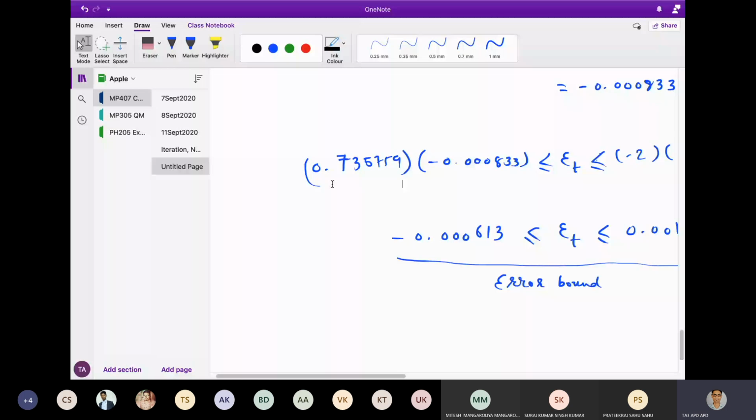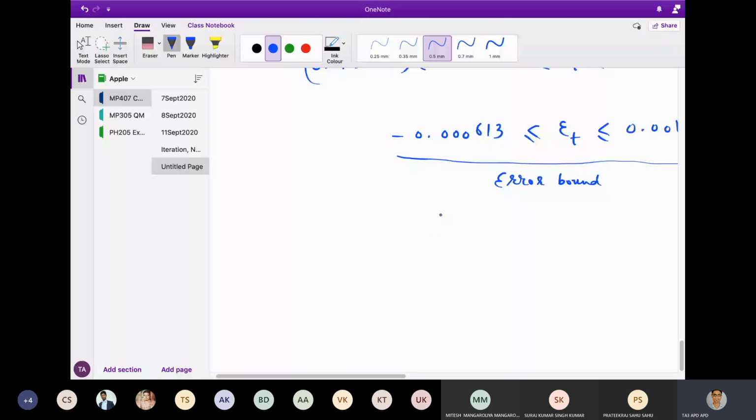Take this in the assignment: 0 to 1, वो simple है, x square dx, with h equal to, अच्छा, you have to take different steps, 0.25 and then 0.1.